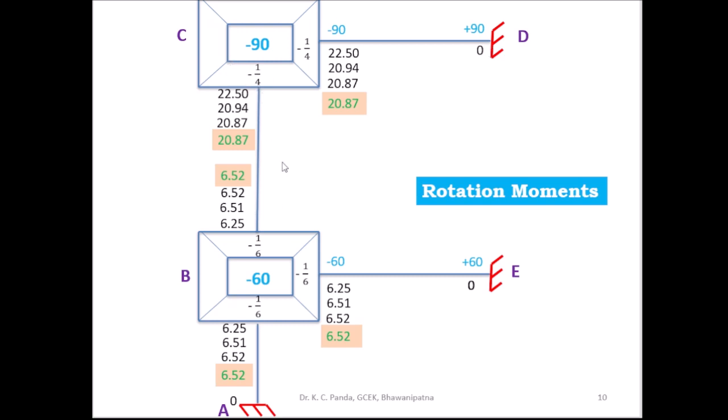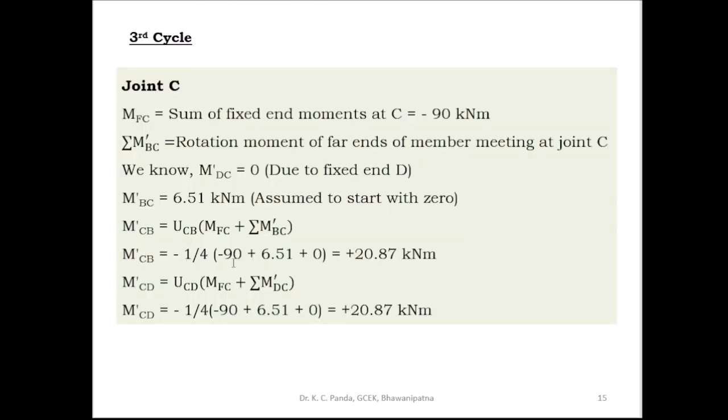M dash CB is equal to minus 1 by 4 into minus 90 plus 6.51 plus 0. So this is equal to minus 1 by 4 into minus 90 plus 6.51 plus 0. This is equal to plus 20.87 kilonewton meter. Similarly, find out m dash CD, UCD into MFC plus summation of m dash DC.